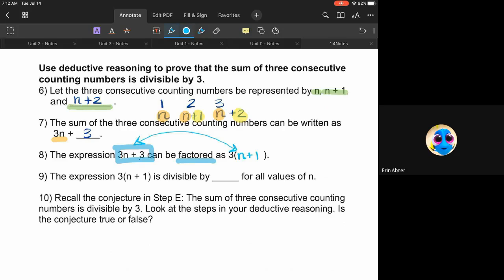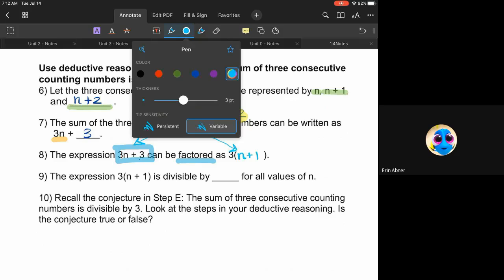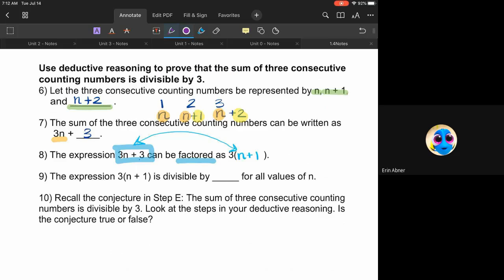We got this. Okay, so the expression 3 times n plus 1, so we're jumped down, so we're down at the bottom now. Okay, so the expression 3 times n plus 1 is divisible by blank for all values of n. Well, if we can take 3 out, right? Then that's going to be divisible by 3 because we can divide 3 out every time. So since we can divide 3 out every time, it's divisible by 3.